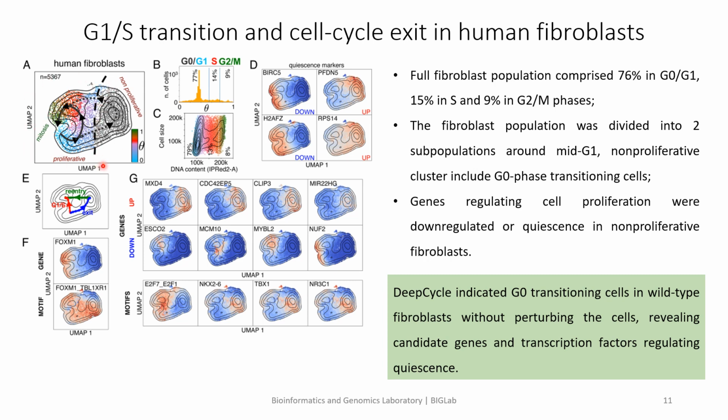We can see that the fibroblast population was divided into two subpopulations around mid G1, with markers suggesting the non-proliferative cluster might include cells transitioning into the G0 phase.